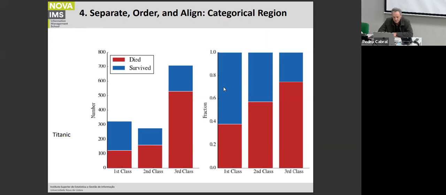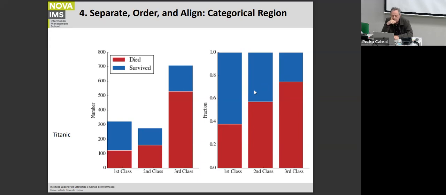On the right, we have a proportion, okay? This confirms that the proportional number of people dying in third class is also the highest. It could not be, but it is, okay? So first class is where most of the people survive in terms of proportion.